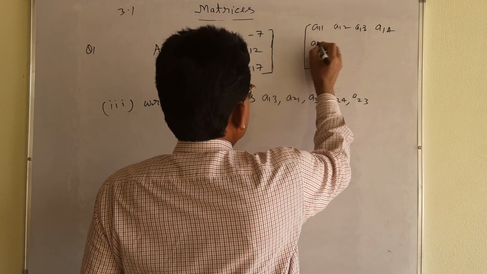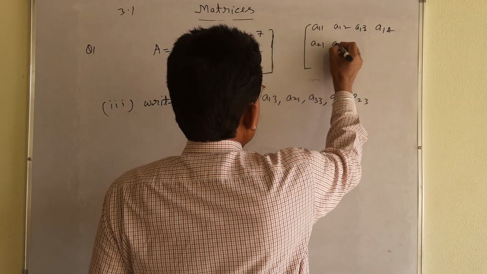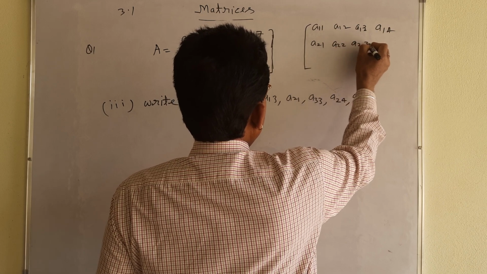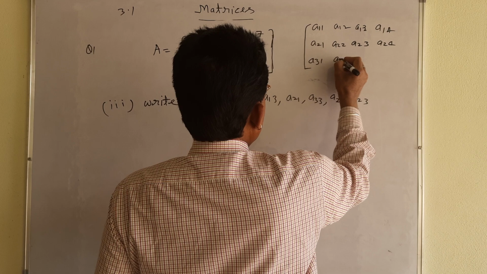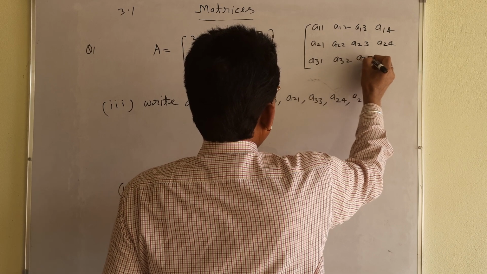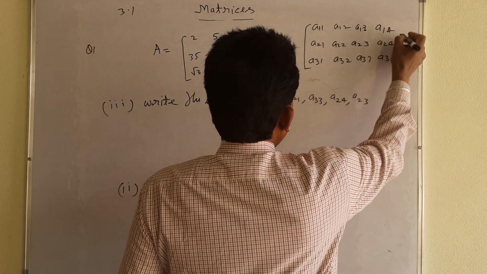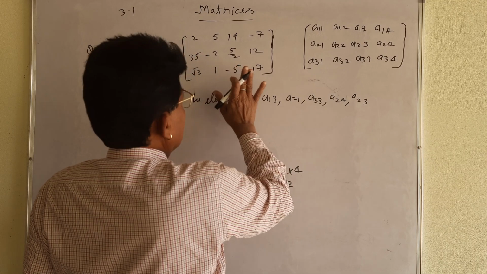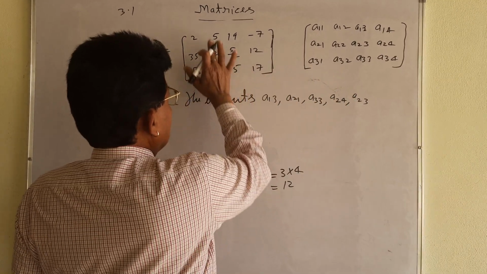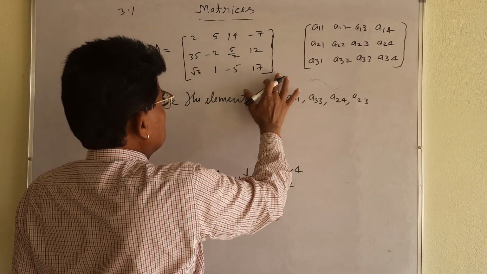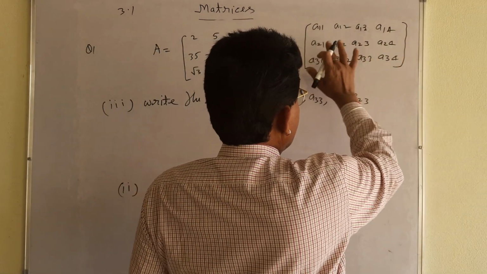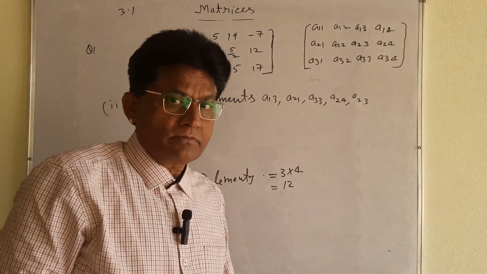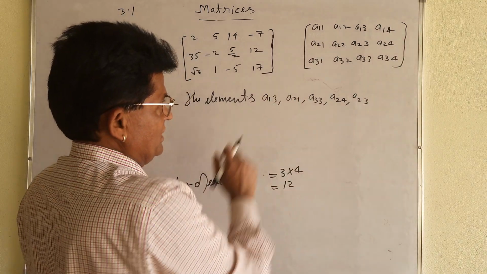Next, the second row, A21, A22, A23, A24, A31, A32, A33 or A34. Whatever elements I have given, this is the symbolic form. Similarly, the number of rows is 3 and the number of columns is 4. Here also the number of rows is 3 and the number of columns is 4.